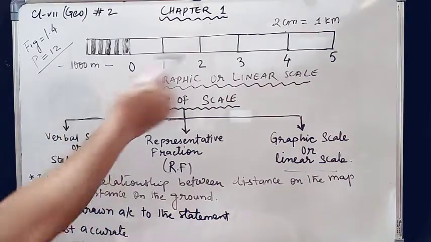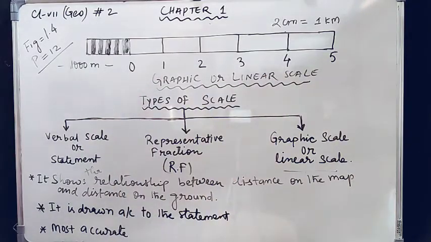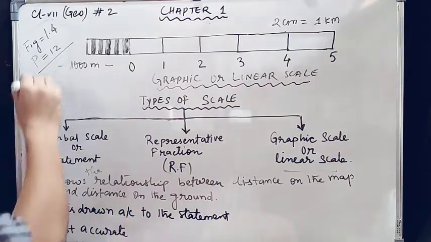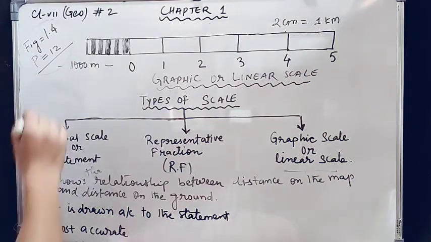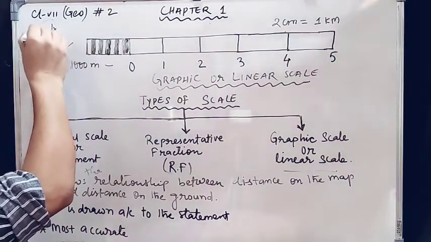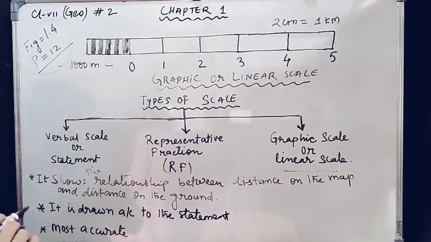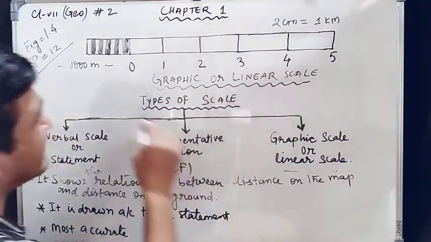Now here you can see I have made a graphic or linear scale. It is given in figure 1.4 in your book on page number 12. So open your book at page number 12 and you will see figure 1.4, the graphic scale or linear scale.